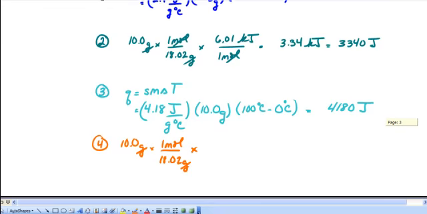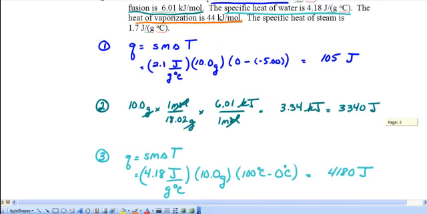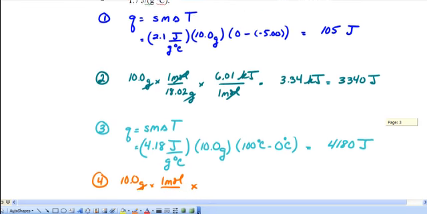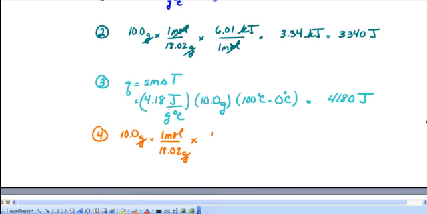The enthalpy of vaporization is 44 kilojoules per mole. And so now we have 10 divided by 18.02 times 44, which gives us 24.4 kilojoules, which is the same as 24,400 joules.